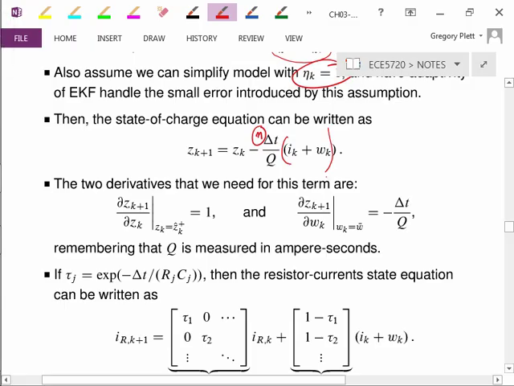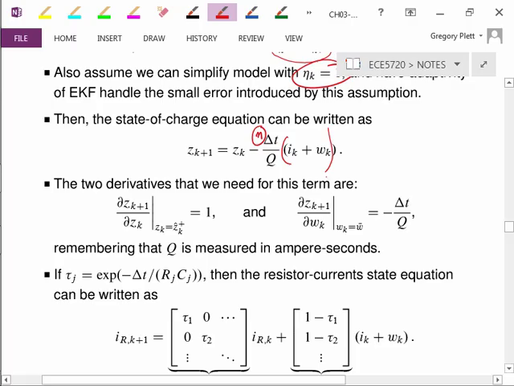We need to compute the derivative of z with respect to previous z, and that's simply 1, and the derivative of z with respect to w, which is minus delta t over Q.